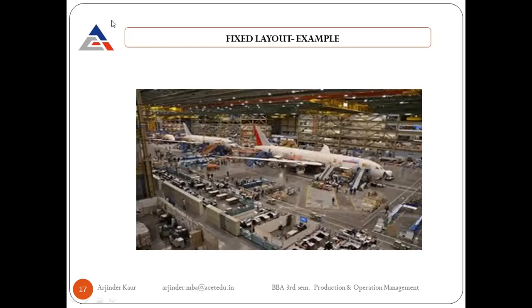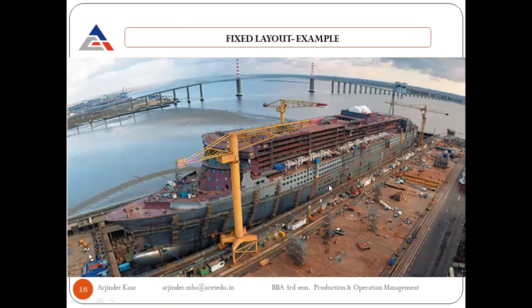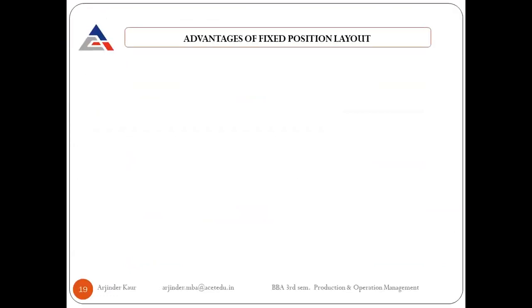So there is one specific place given where the aircraft will be assembled, and the people will come to that area. Another example is shipbuilding. Again, due to the size involved or the place that is required, we just cannot move it from one place to another until the whole product is manufactured.